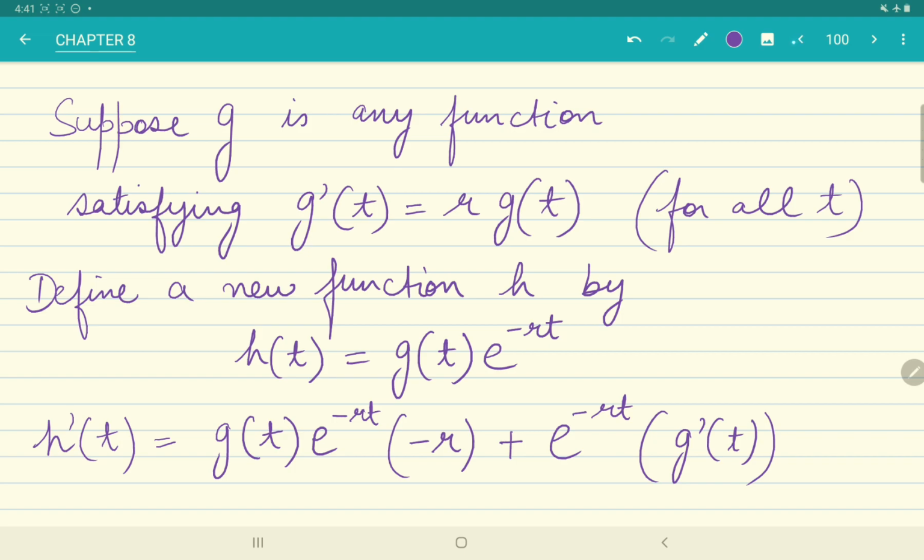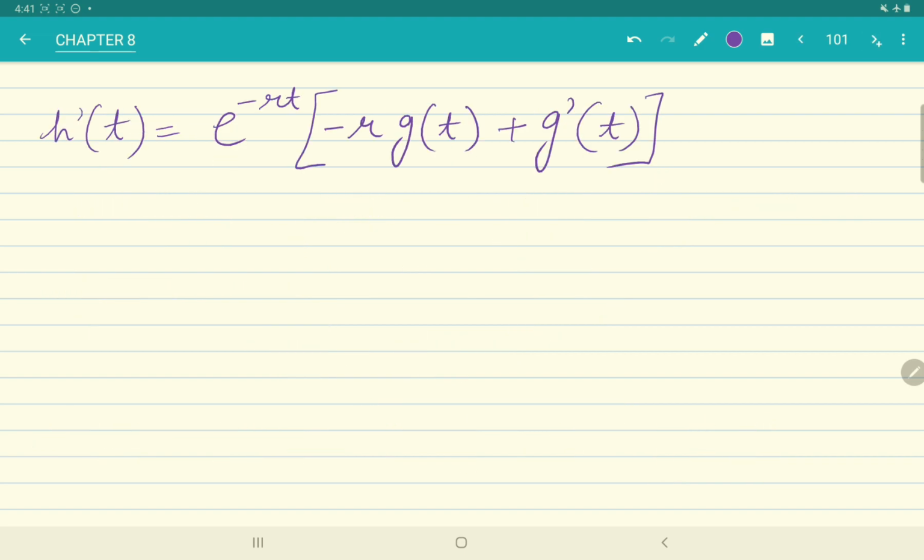This can be written as e raised to the power minus rt multiplied by g prime t minus r g of t.